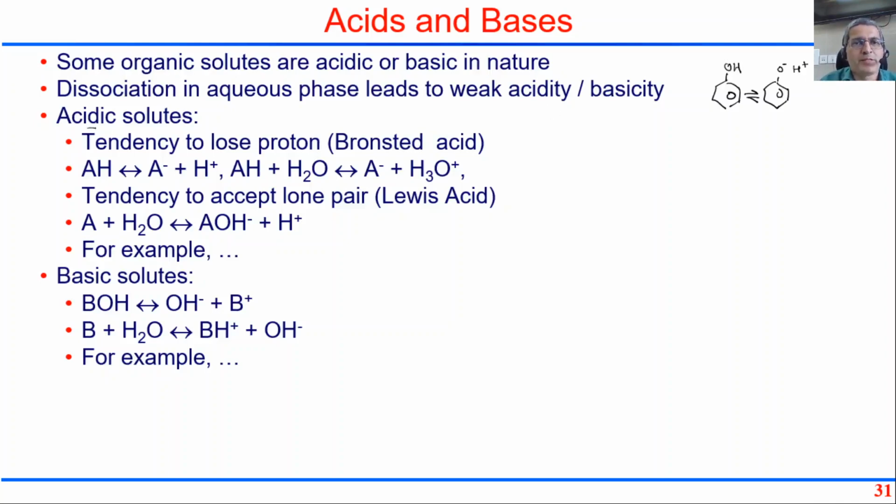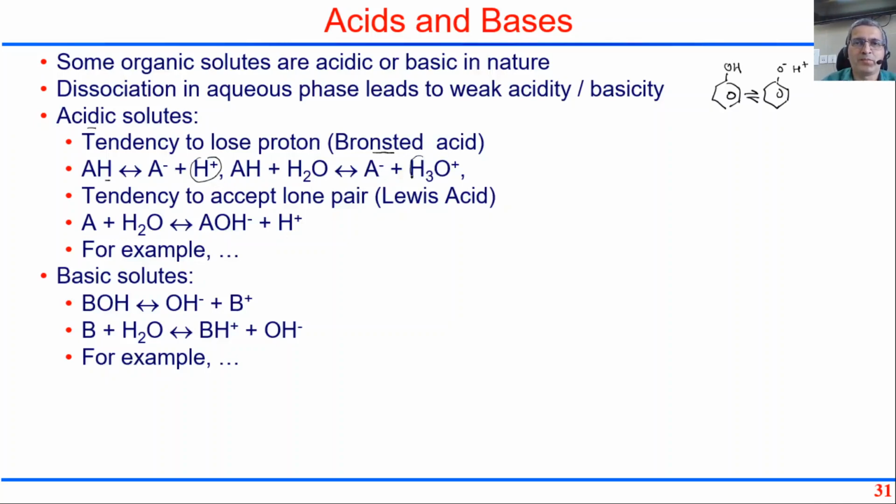In your undergraduate course, in your chemistry course, you must have talked about acidity. There are two types of acidity you might have talked about. Bronsted acid, that means it tends to lose a proton. So like phenol, AH, so A would be the phenoxide ion or phenolate ion if you want, right? So its tendency would be to dissociate into A minus and H plus. Or if you want to talk about it in presence of water, that H plus is a proton, so that proton does not really exist.